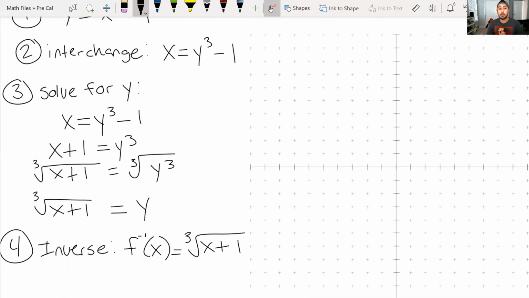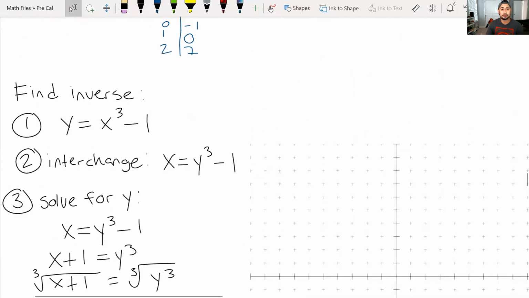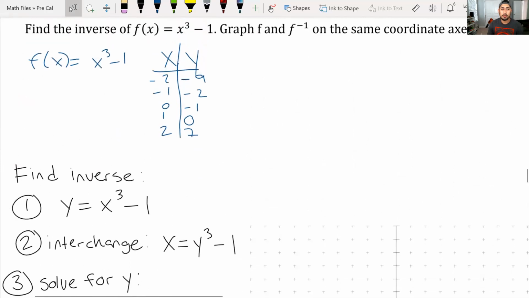Well, good thing about graphing is we already have the points. If I scroll back up to the top, here are the coordinates for the original function. So to get the coordinates for the inverse, all you have to do is flip them, swap them, switch them, whatever you want to say. Your coordinates switch.